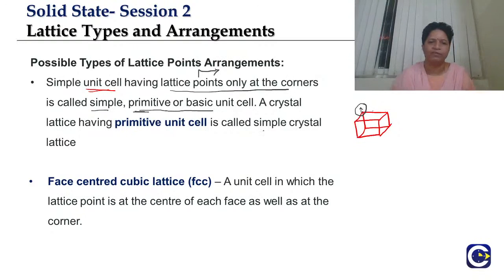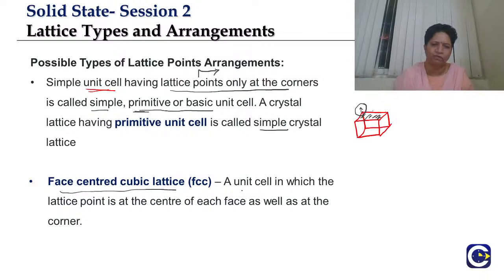So in a simple crystal system, we'll have lattice points only at the corners. And along with the corners, we will also have certain lattice points at the faces. When this is a face, this whole thing is a face. So if we have certain lattice points at the center of the face, along with the corners, we will call it a face-centered cubic lattice.